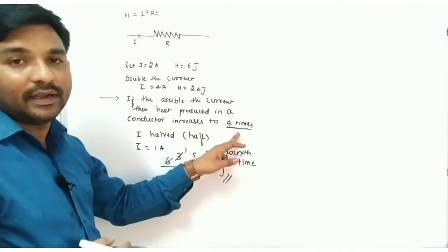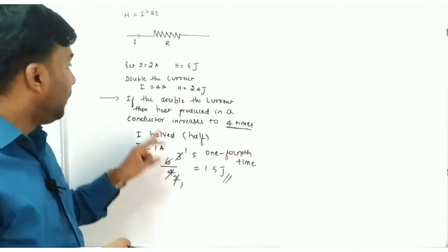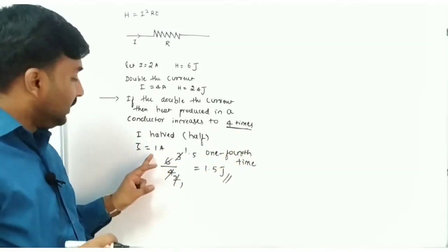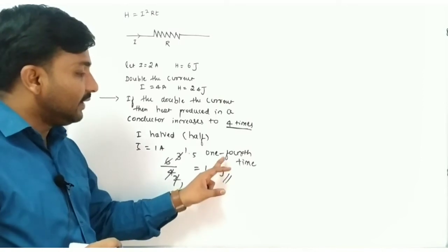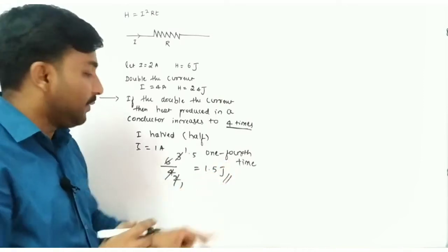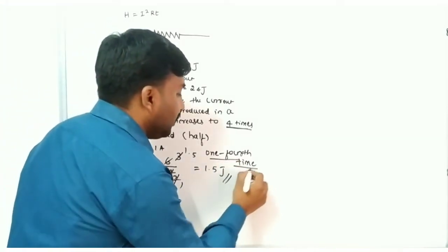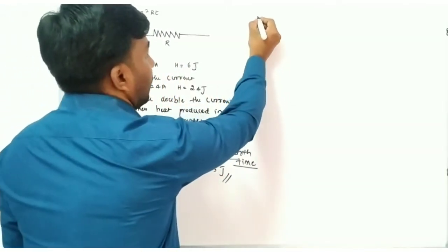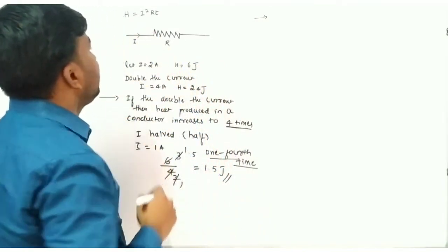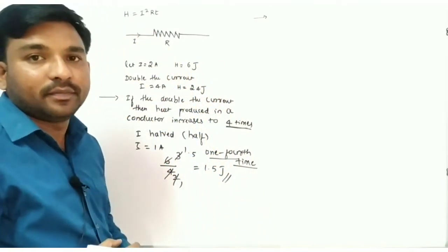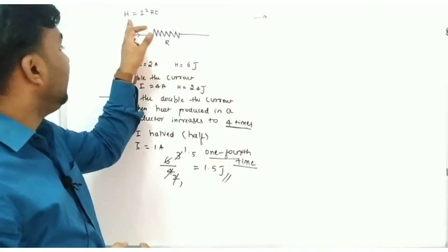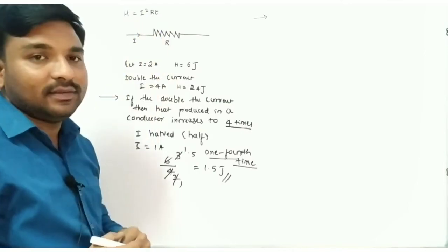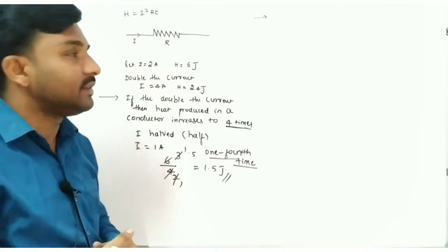when the current is doubled, the heat produced in a conductor increases 4 times. When the current is halved, the heat produced in a conductor decreases to 1/4 time. These are the 2 points we have to remember. The next quantity is resistance. As we know, the heat produced in a conductor and the resistance are directly proportional to each other.